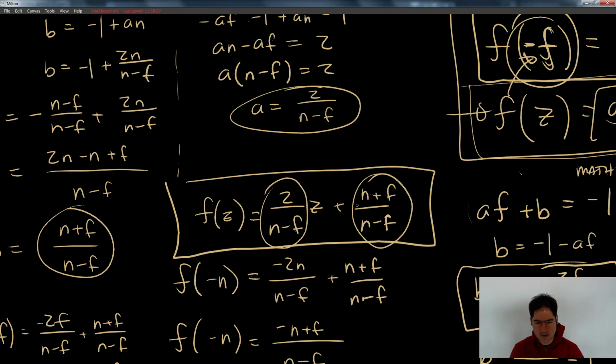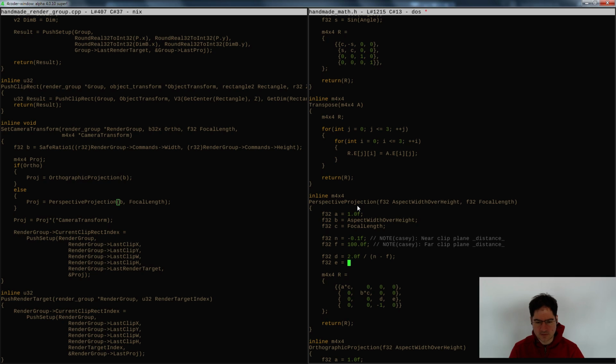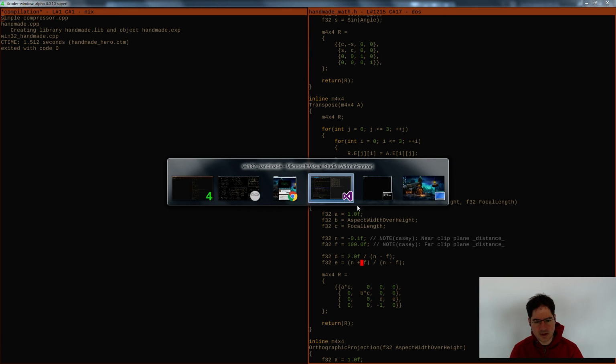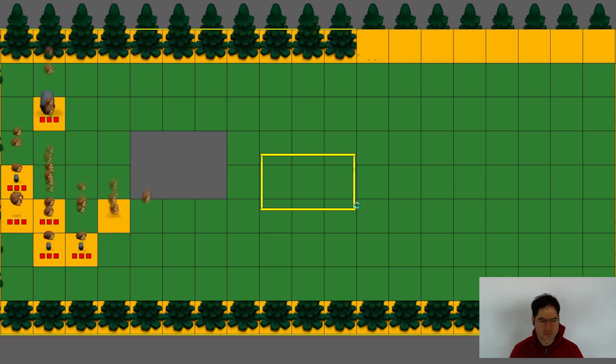And our E value is n plus f over n minus f. So that should do our mapping for us properly, we hope.